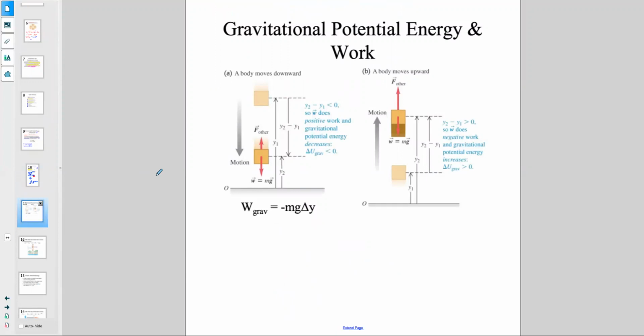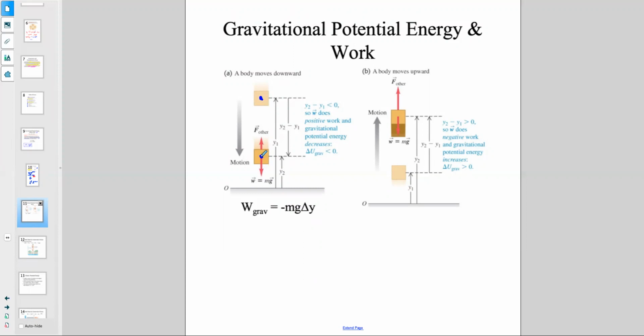Let's take a look at this. So I have a box here. Starting from, let's see, starting from this point, and having a change of height.